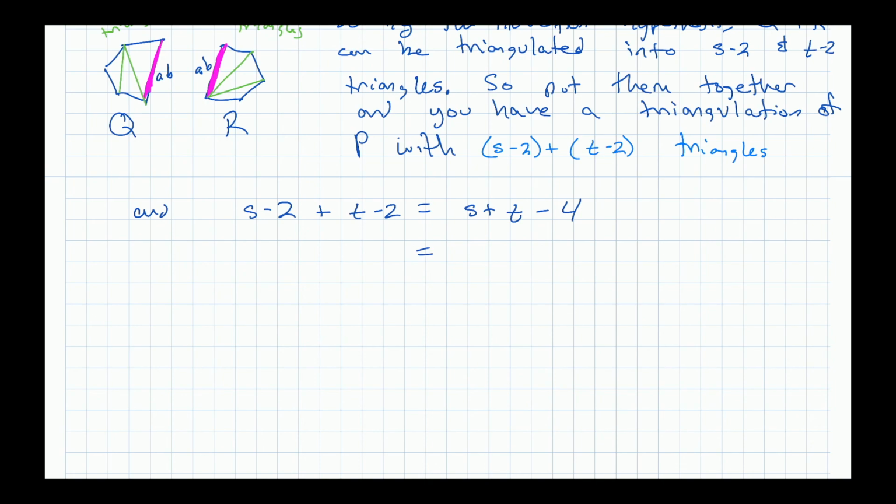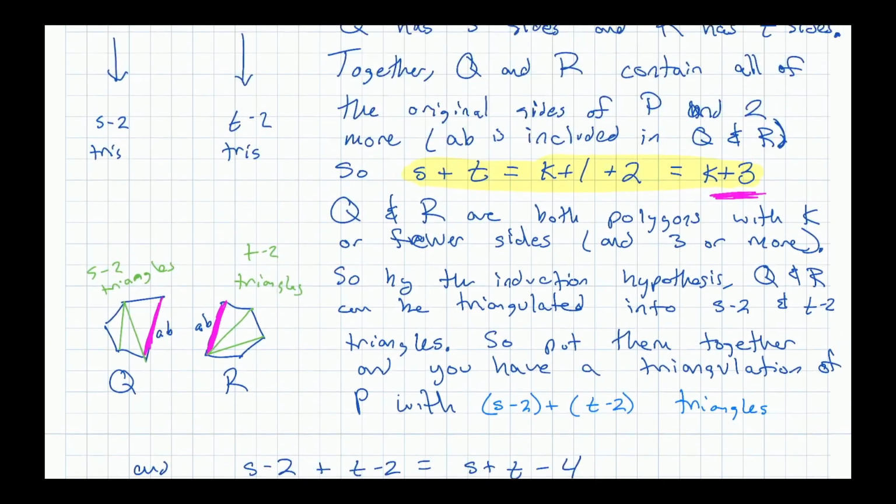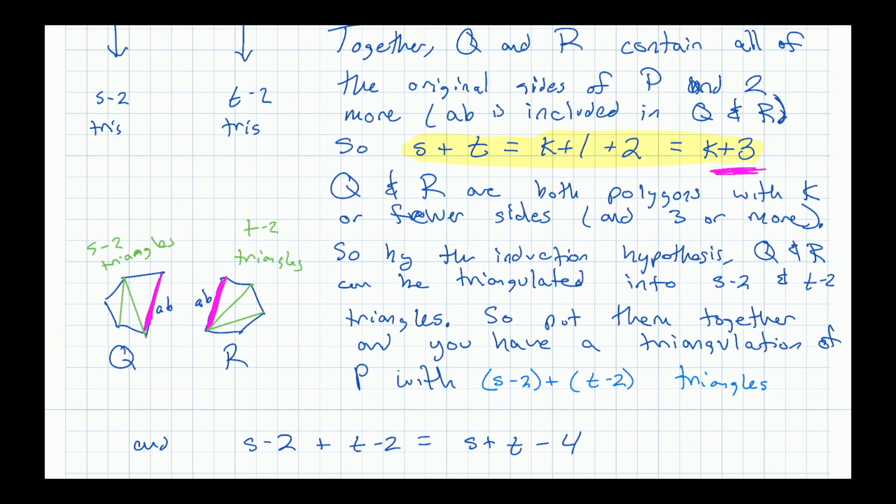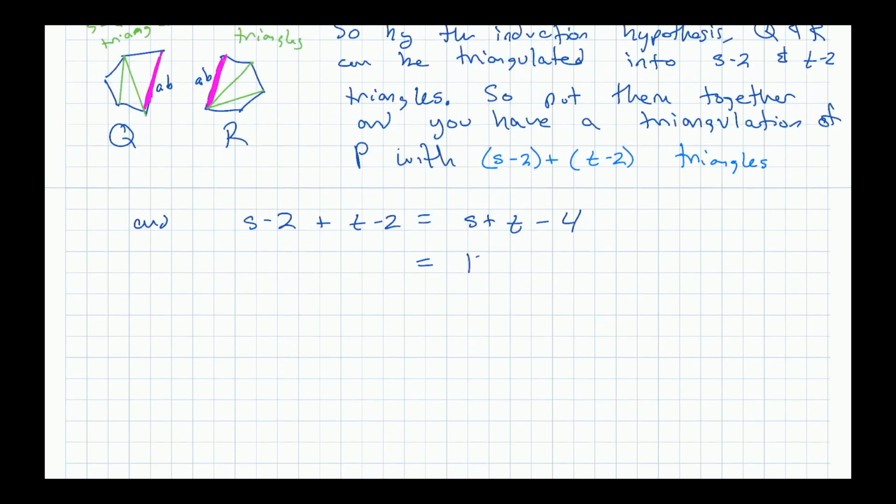And what's S plus T, though? S plus T is K plus 3, right? The bit that I highlighted there. So that is K plus 3 minus 4. And this was triangles.